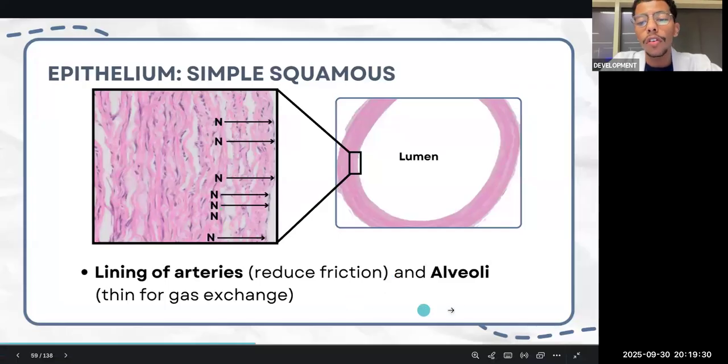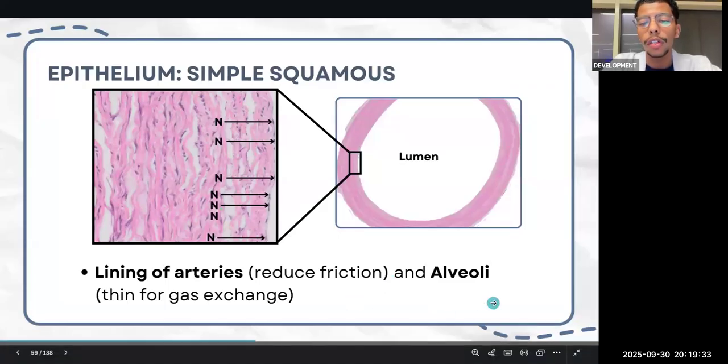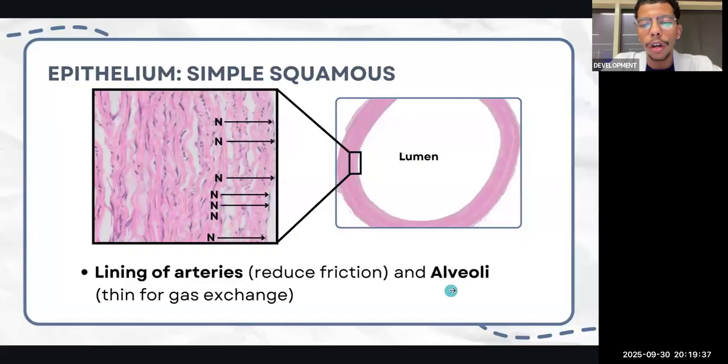It's also found in alveoli, which are the structures used for gas exchange when you breathe. Why are they lining the alveoli? Because they're so thin, gas exchange can be more efficient. So this is all for simple squamous. They'll ask you to identify the type of epithelium, and then they might ask you where it's found, so you can tell them lining of arteries.